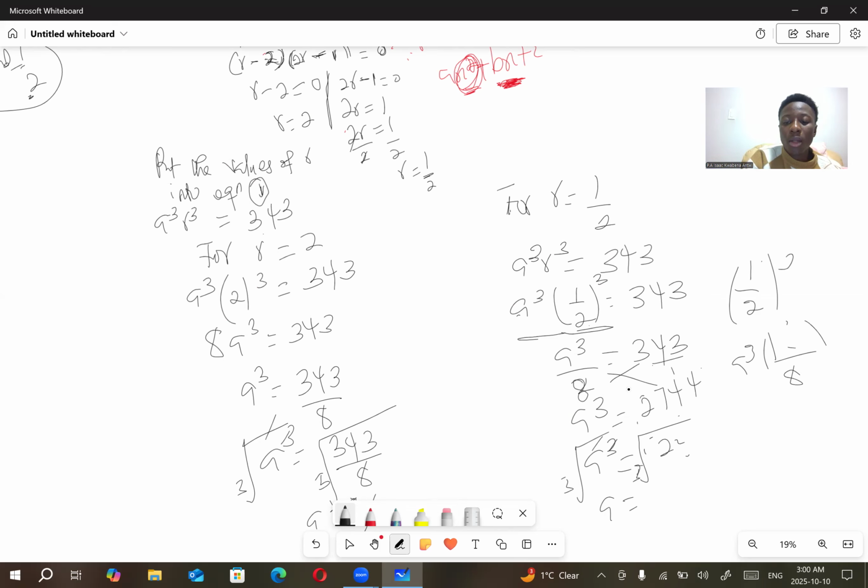All right, and you take the cube root. I showed you how to do that. So the cube root of 2744 is 14.